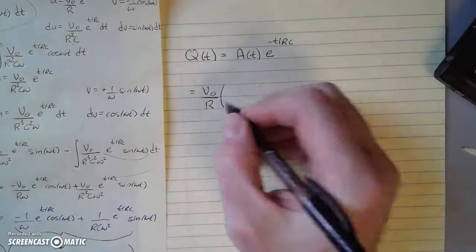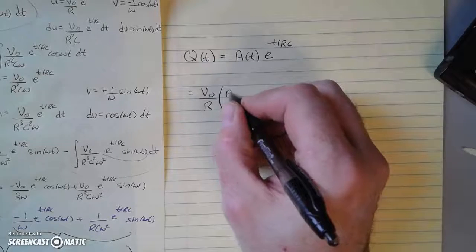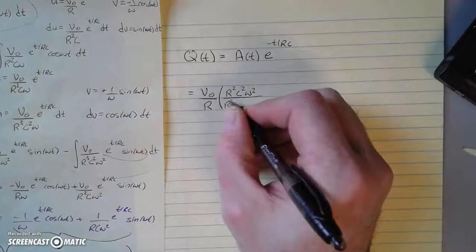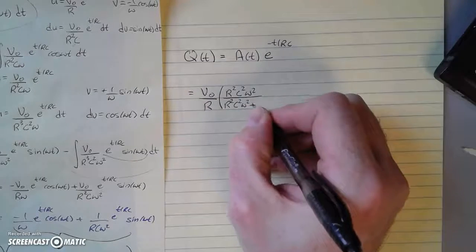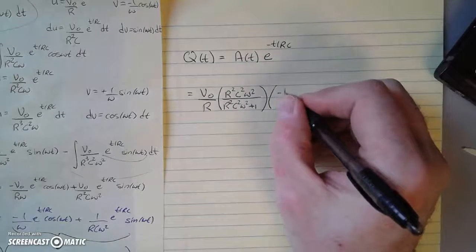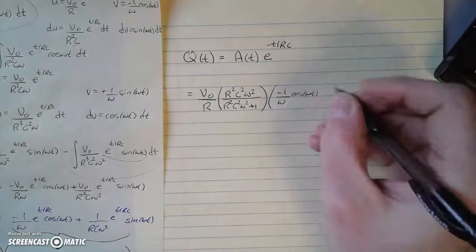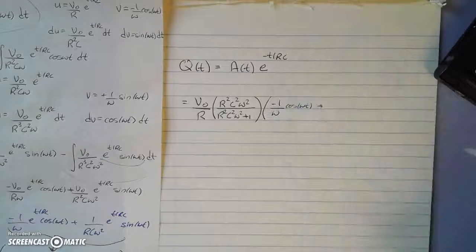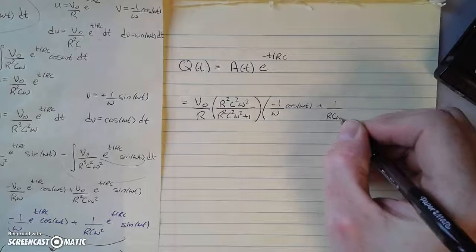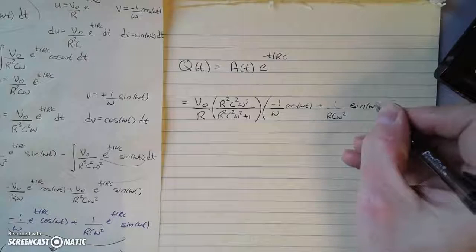And so then we put in what the integral's worth, and that's r squared c squared omega squared over r squared c squared omega squared plus 1 times all the other business. And there's a little bit of simplifying you can do. Oh, and I did forget something that I'll put back in here. I just remembered. sine omega t.